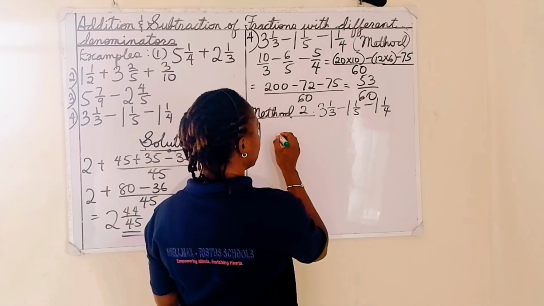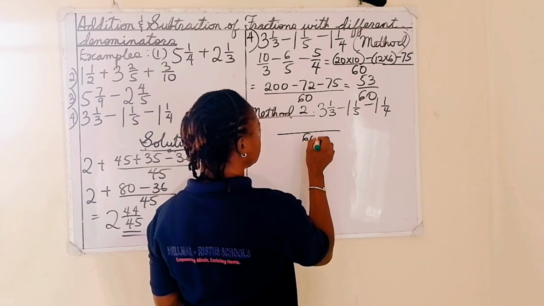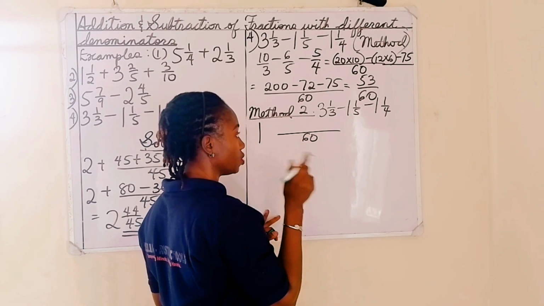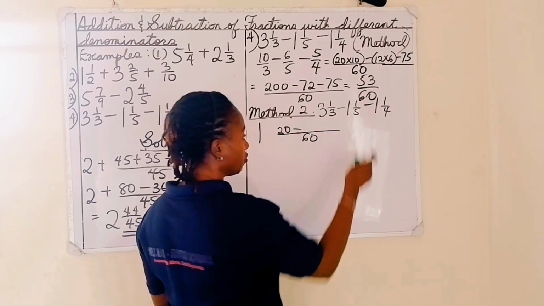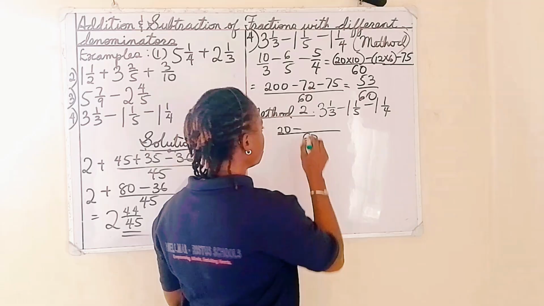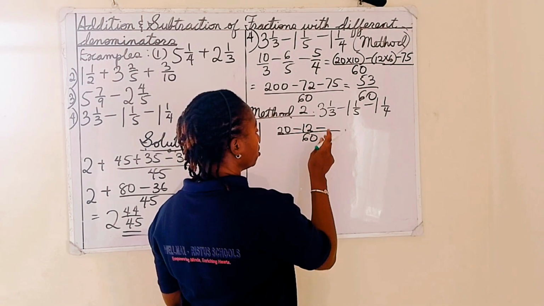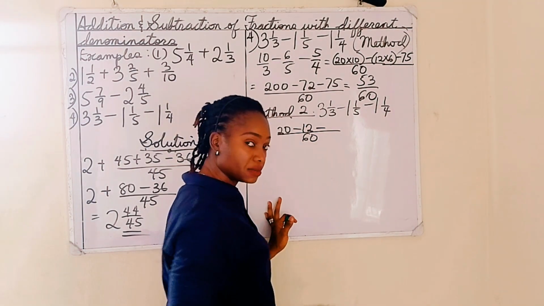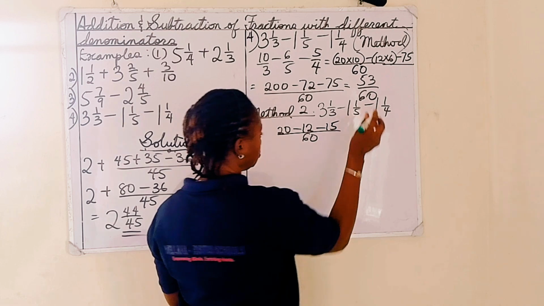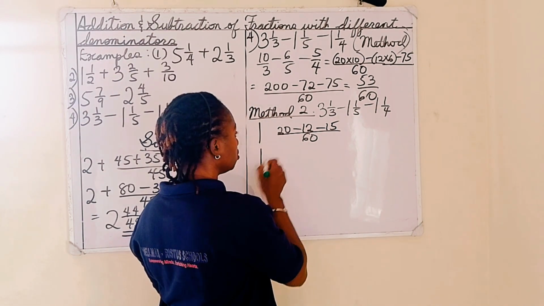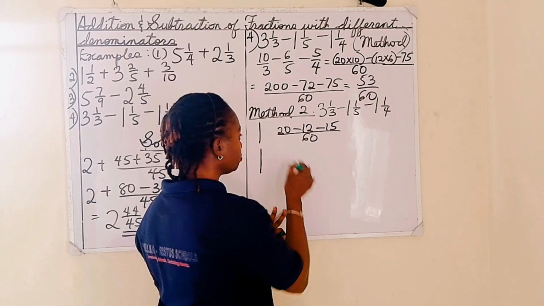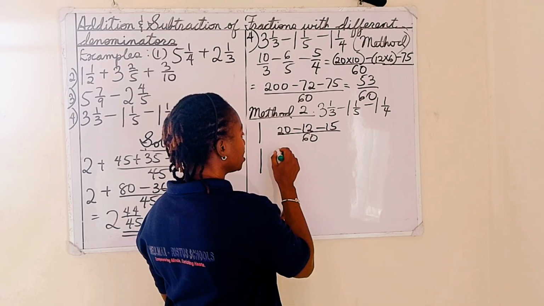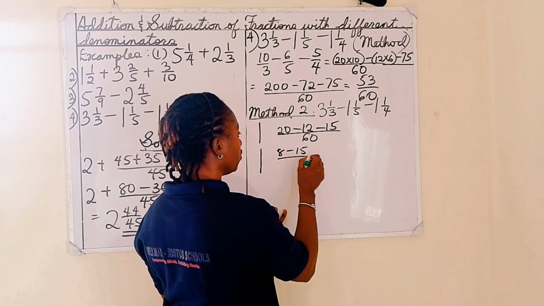So we're going to get the LCM, which is also 60. 60 divided by 3 is 20. 20 times 1 is 20. 60 divided by 5 is 12. 12 times 1 is 12. Minus 60 divided by 4 is 15. And 15 times 1 is 15. So from here we have 1 whole, 20 minus 12 is 8. 8 minus 15 over 60.